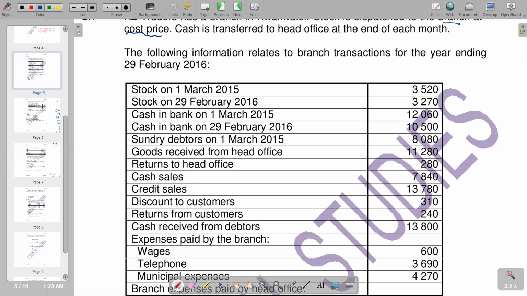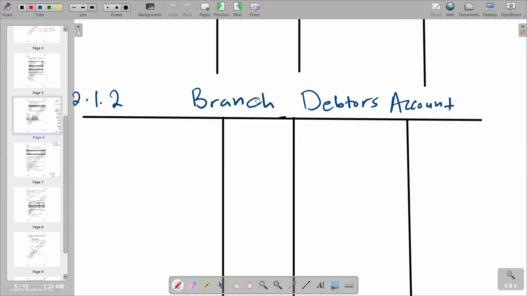This is the opening balance in the branch stock account. We will enter the closing balance after we have finished entering everything. So we can start by entering this opening balance of 3,520 in the branch stock account.